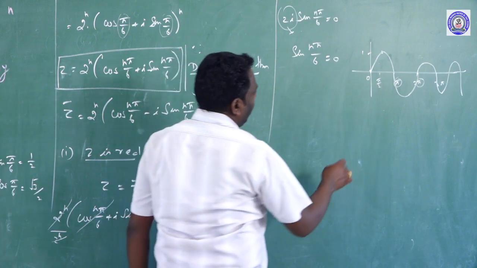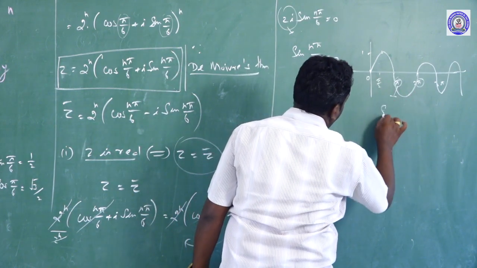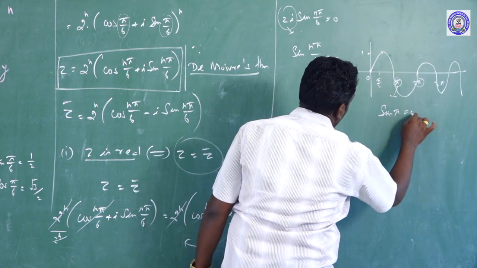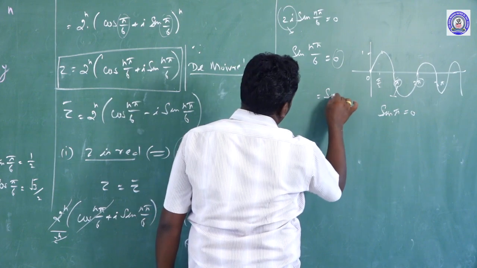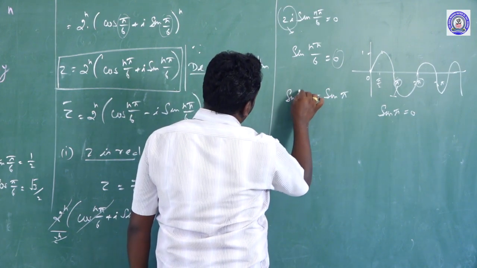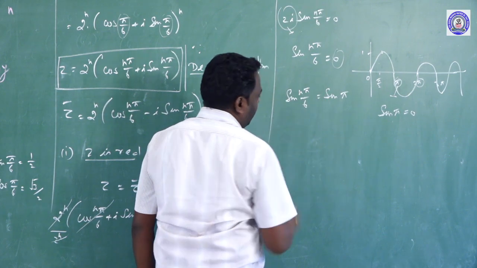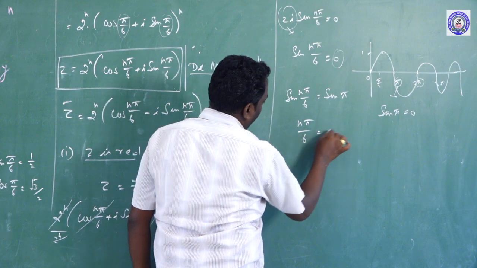Now, we can take one of the 0 values, sin pi, since sin pi equal to 0. Therefore, in the place of 0, we replace sin pi. Understand? Therefore, sin n pi by 6 equals sin pi. Now sin cancels, so n pi by 6 is equal to pi.